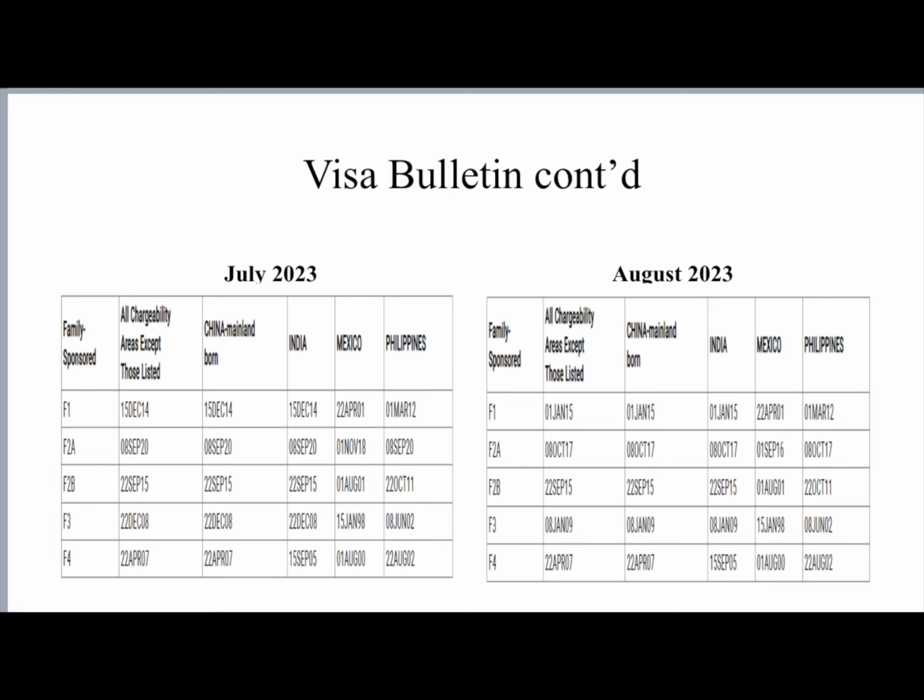Yeah, about 3 years. F2B was the same, no movements there, but F3 saw some forward movement to the 8th of January 2009 from the 22nd of December 2008. So call that what? Almost less than a month. I mean, you can work out the days or whatnot, but they had less than a month movement.